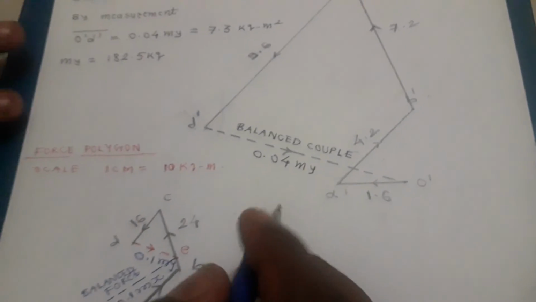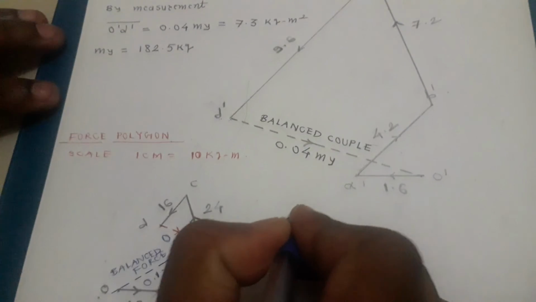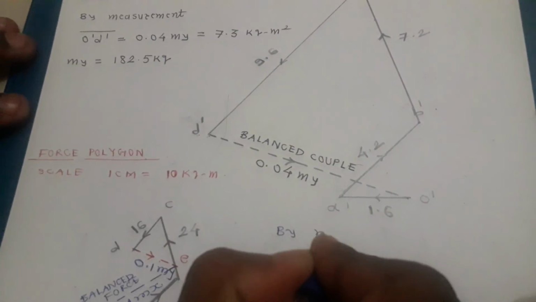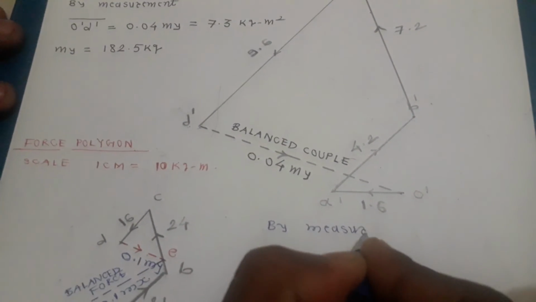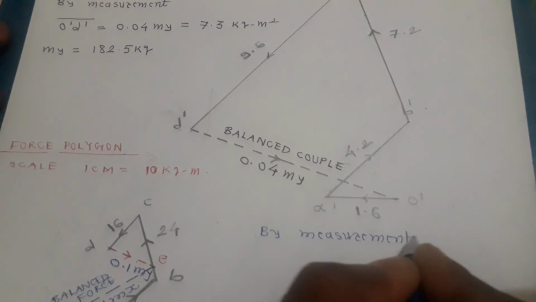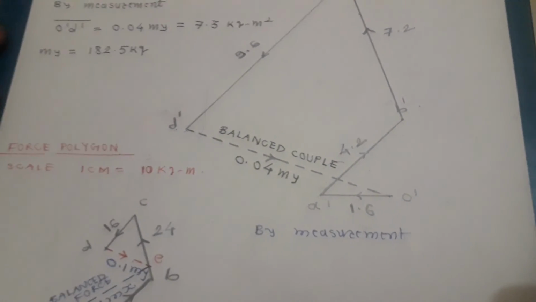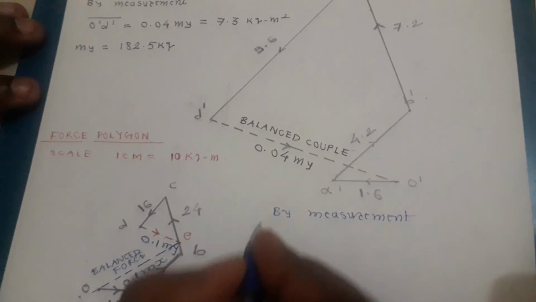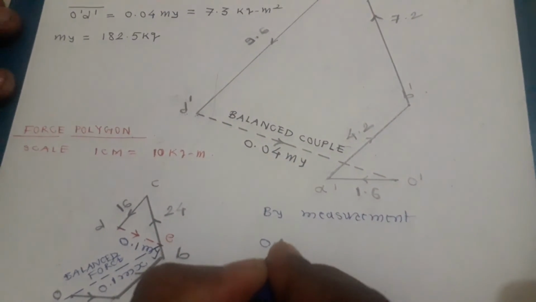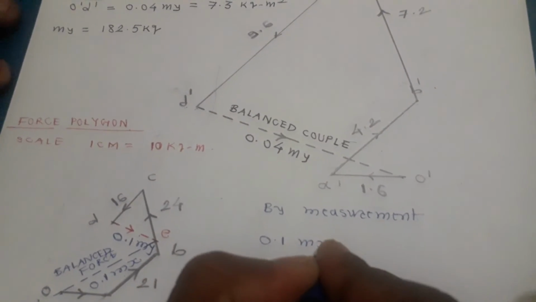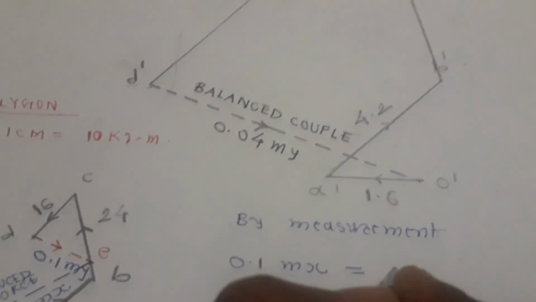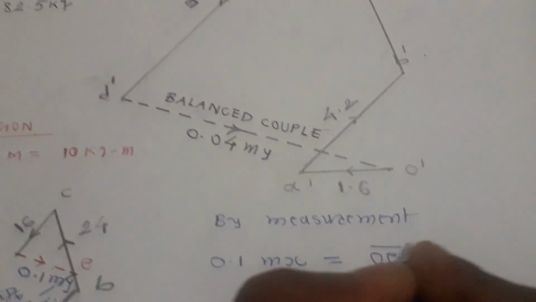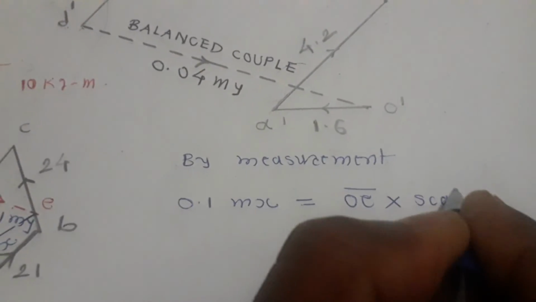So by measurement we can find out the mass mx. 0.1 mx is equal to vector OE bar into scale.